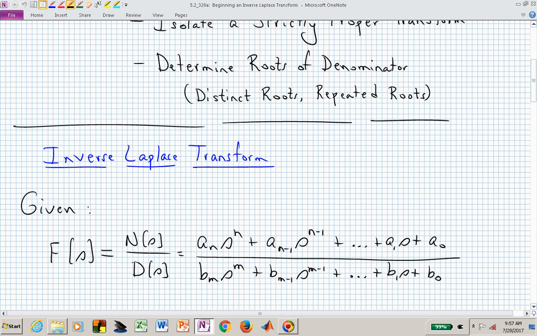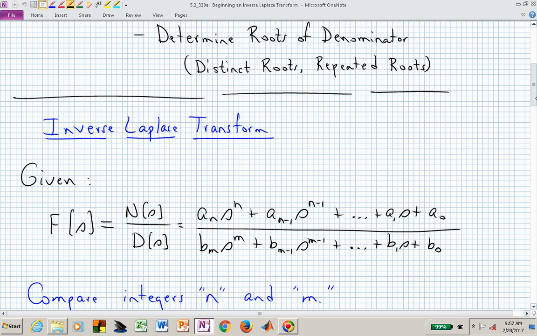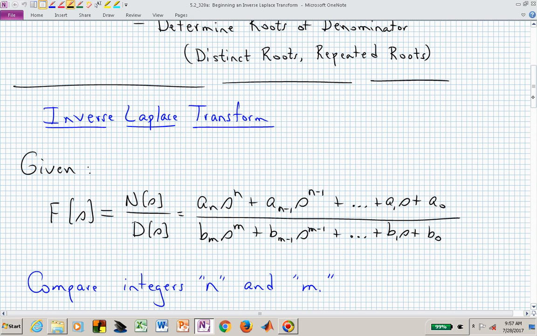Using this particular notation in this video, we now have s to the n for the order of the numerator polynomial and s to the m in the denominator polynomial. What we want to do is first check those powers. We want to compare the integers n, Nevada, and m, Michigan.